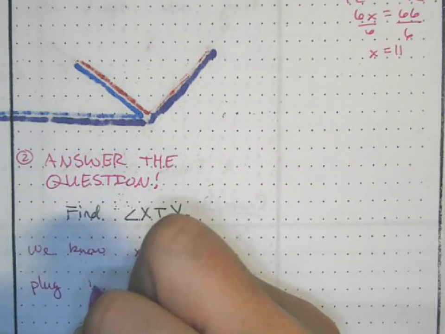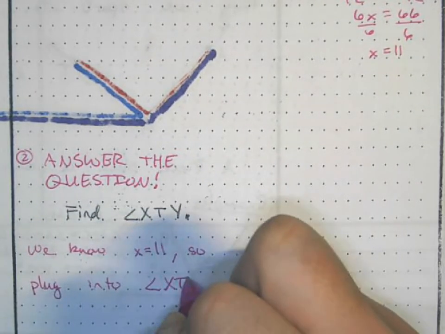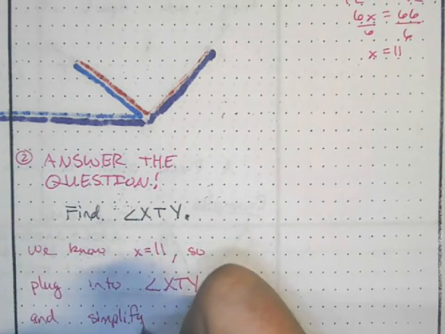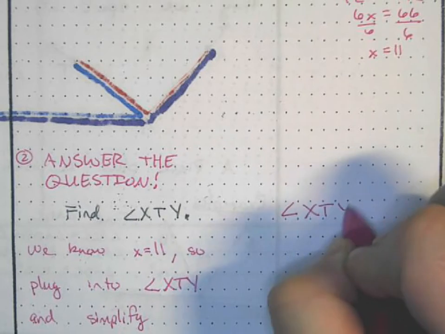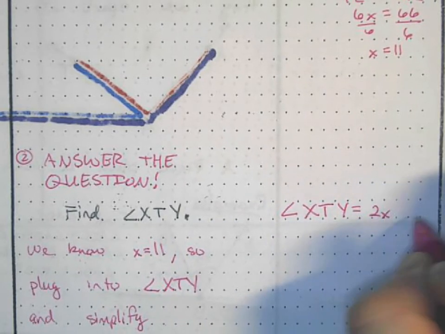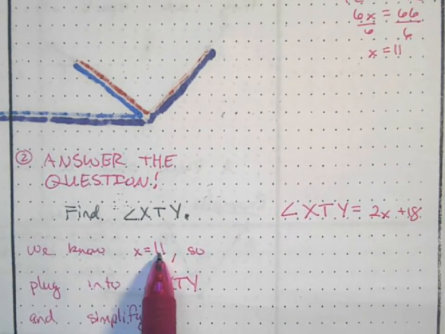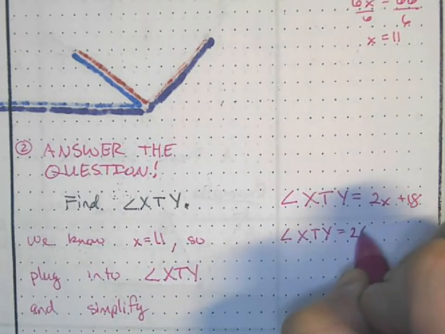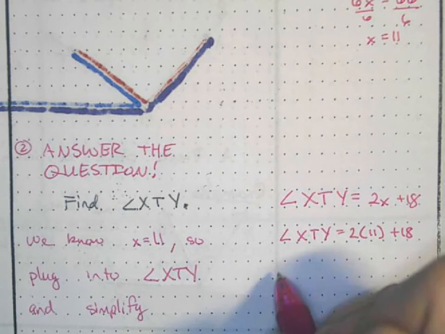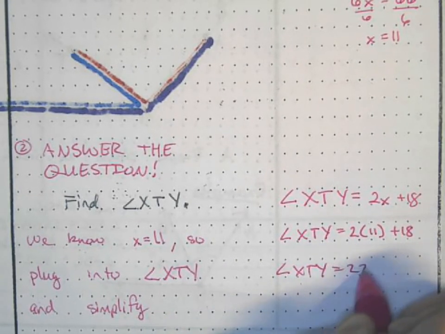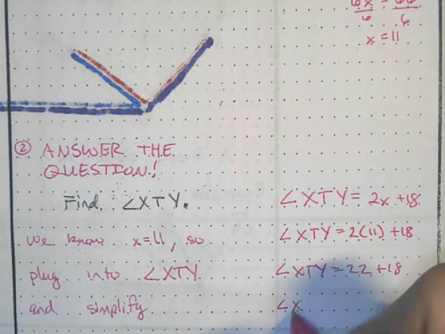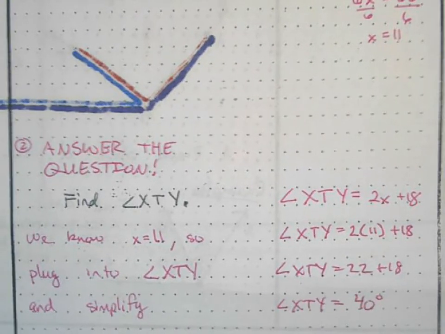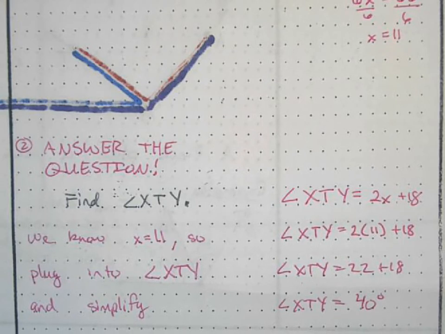So plug into angle XTY and simplify. So we have angle XTY is equal to 2x plus 18. And we have our x equals 11 from over here. So we plug in and we simplify. So we found that angle XTY is equal to 40 degrees.